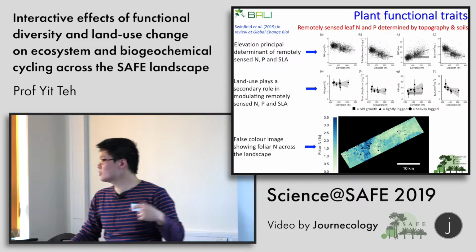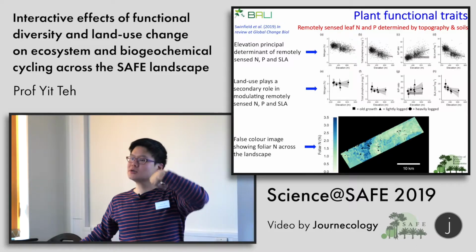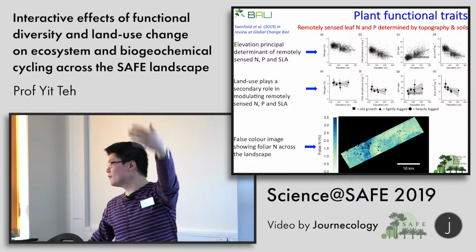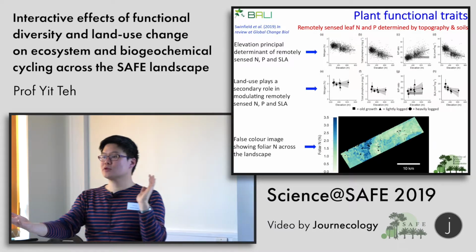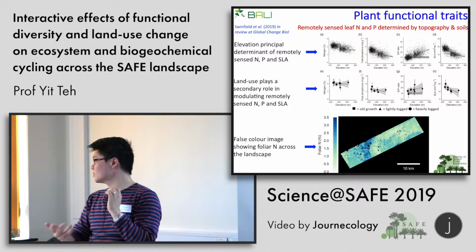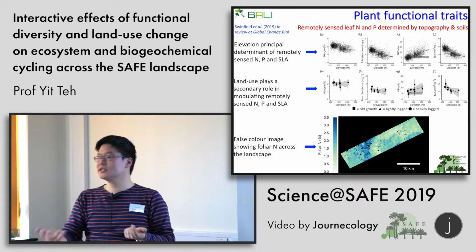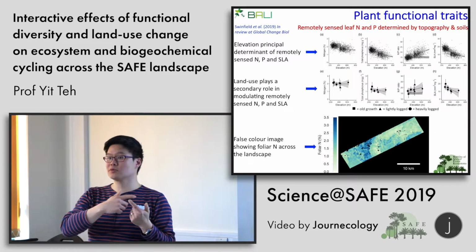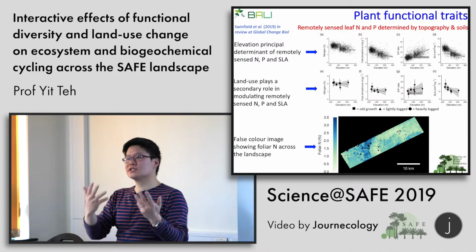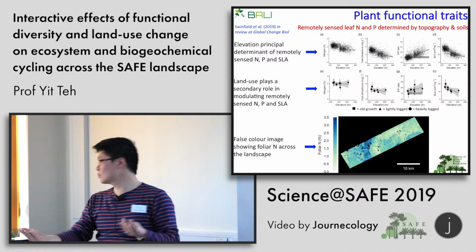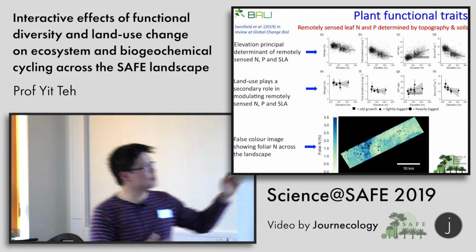But what was really interesting about Tom's data set when you scale up to the landscape is you actually find that the underlying soil properties or land surface properties linked to topography, soil fertility, and so forth are a stronger determinant of some of the foliar characteristics, like remote foliar N, foliar P, specific leaf area, and all that. They're more strongly determined by elevation and the underlying soil properties, whereas actual land use less so.